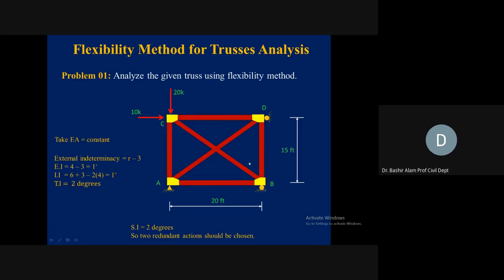Or you can remove CB, still we have the triangular arrangement, so it will be the truss configuration and the requirement will be met. Support reactions, you can remove this horizontal reaction at D, or you can remove this vertical reaction at B. Also, your structure should be stable.